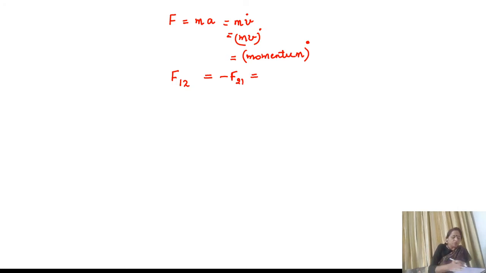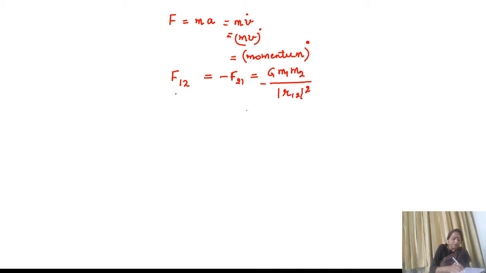because the direction is opposite, and this again is equal to G m1 m2 upon R12 square. So it says that the force exerted by one particle on the other may be expressed in terms of the gravity constant.